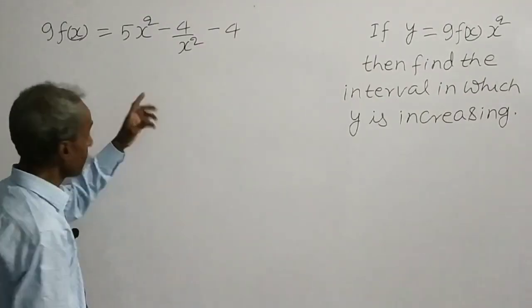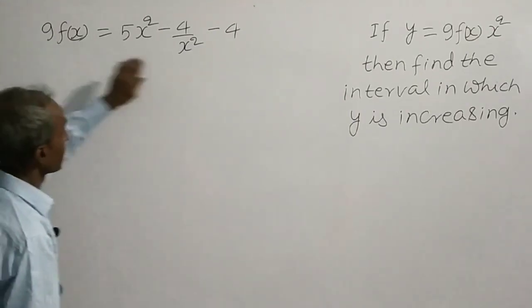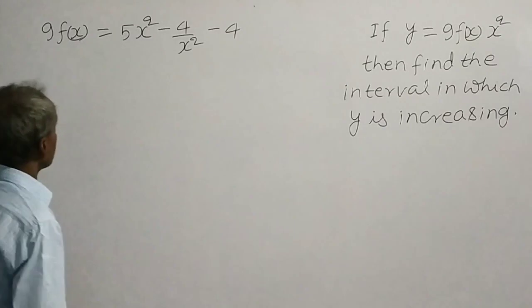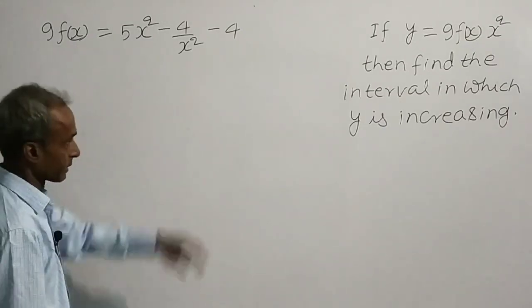Now we can easily find f(x) by dividing both sides by 9.